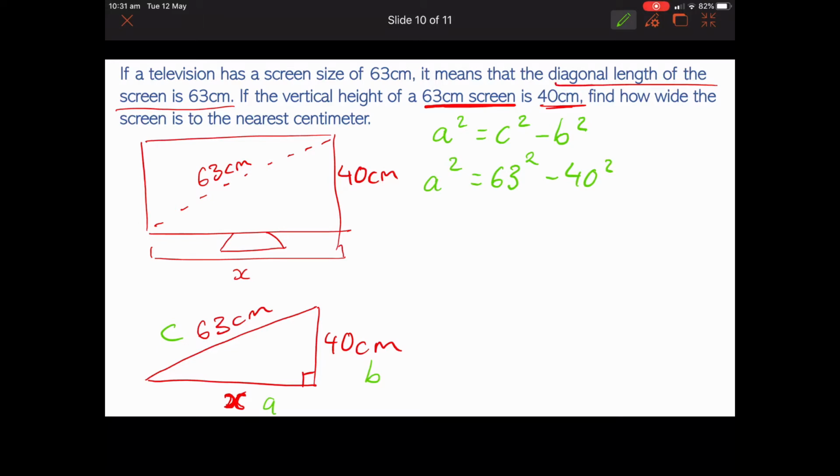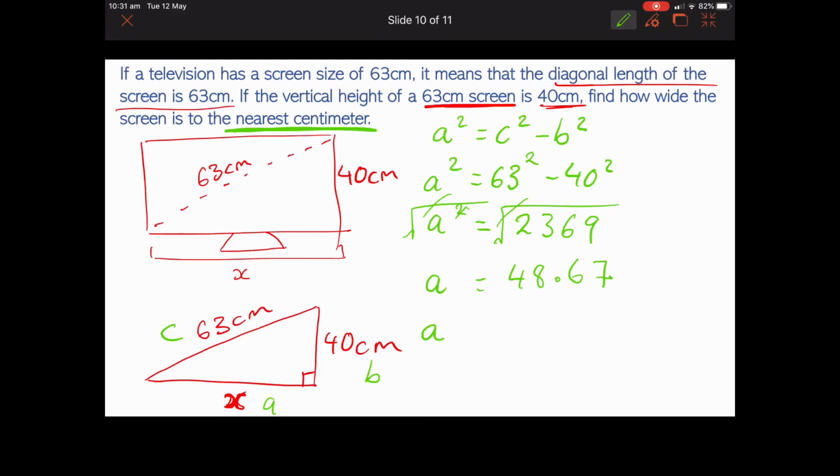And it turns out a squared equals 2369. And then I'm going to take the square root of both sides. a is equal to 48.67, and we want the answer to the nearest centimeter. So a is equal to 49 centimeters.